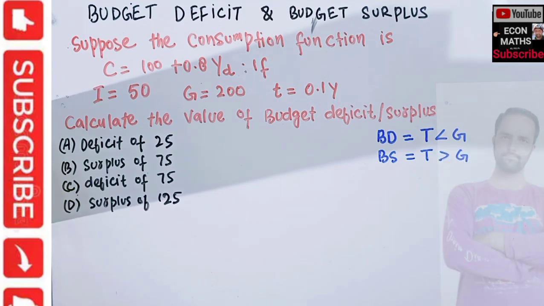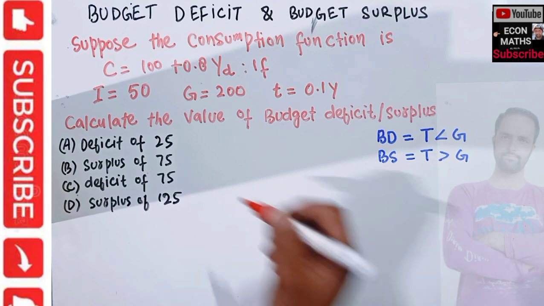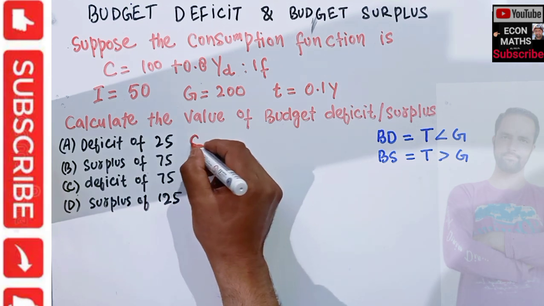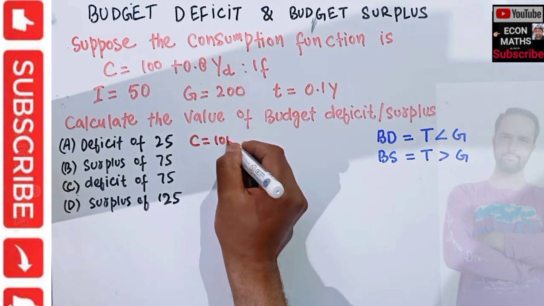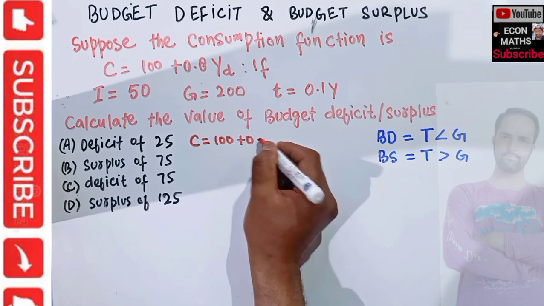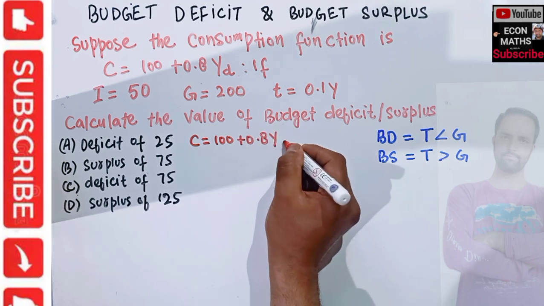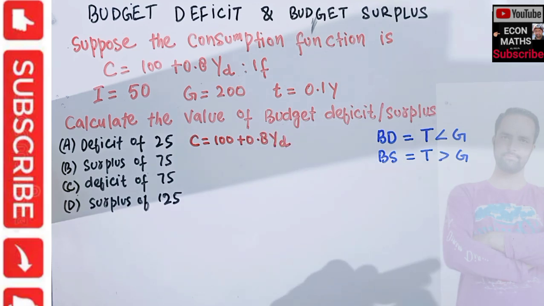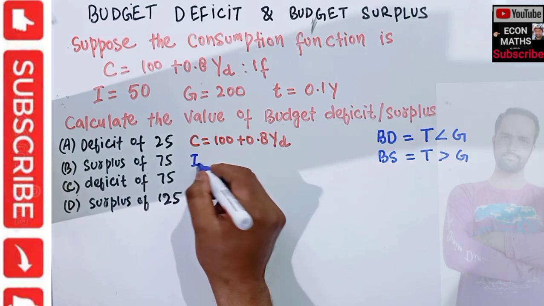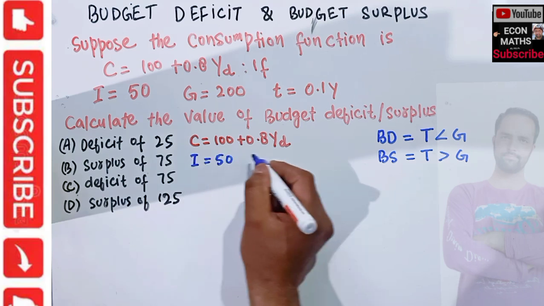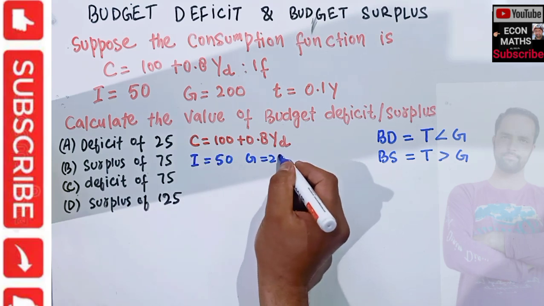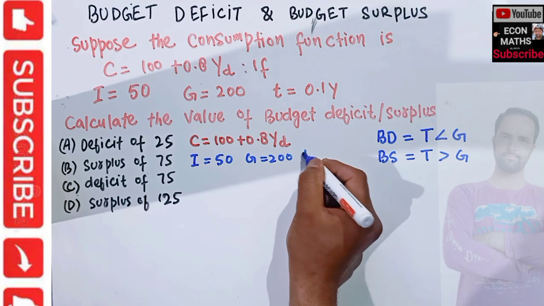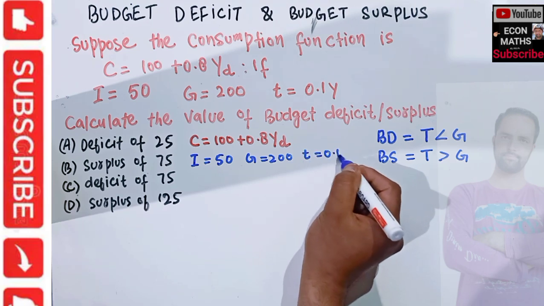Now what we are being given here: the consumption function C = 100 + 0.8 Yd. Investment is 50, government spending is 200 and the tax rate is 0.1 Y.